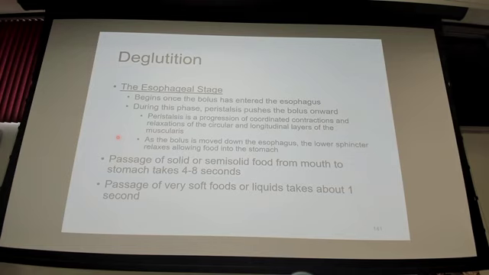And then the esophageal phase, now it's in the food tube and it's going down to the stomach. This is gee whiz knowledge, just so you know. Let me just tell you this.